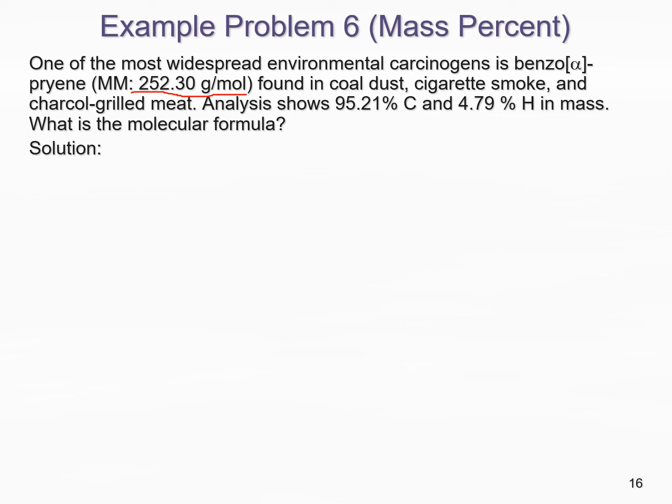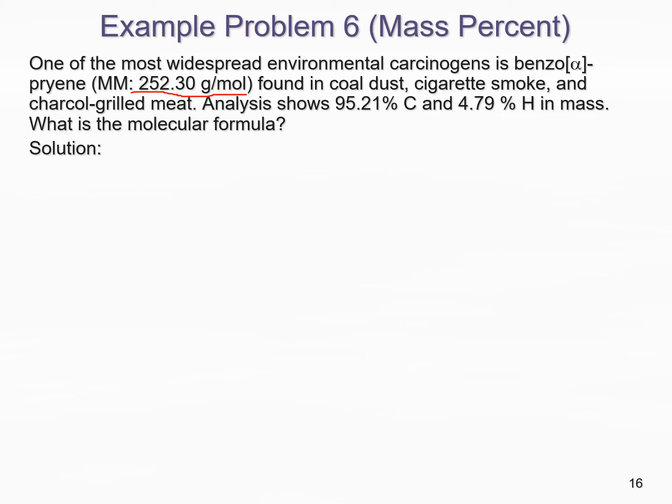This compound can be found in coal dust, cigarette smoke, and charcoal grilled meat. Usually it's overburned, so you can see the charcoal on the surface of the meat. If we send a sample for analysis, it shows 95.21% carbon and 4.79% hydrogen by mass. The question wants us to figure out the molecular formula of this compound.